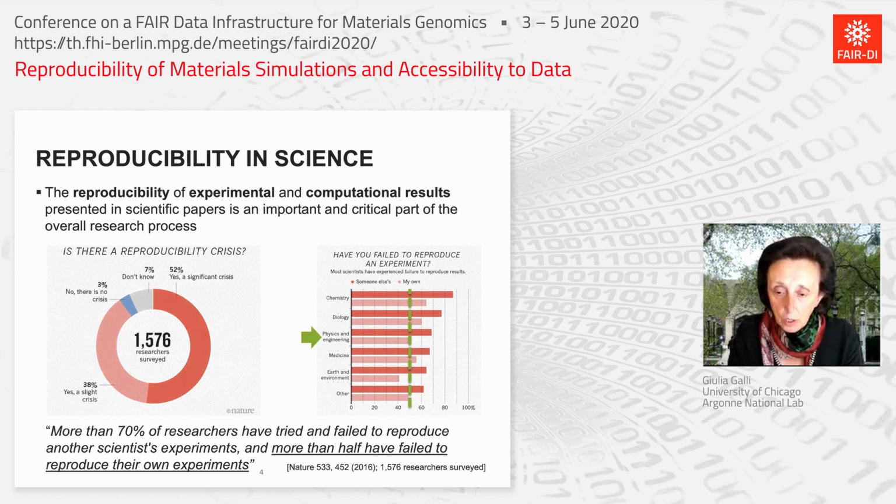This is a survey, kind of an oldish one, published about 4 years ago, where a number of researchers in chemistry, physics, engineering, and so on were surveyed. 70% of those who were part of the survey tried and failed to reproduce another scientist's experiments, including their own. I was not part of the survey, but certainly I'm one of the scientists who have not been able to reproduce the data of my own group, and been very frustrated about that.